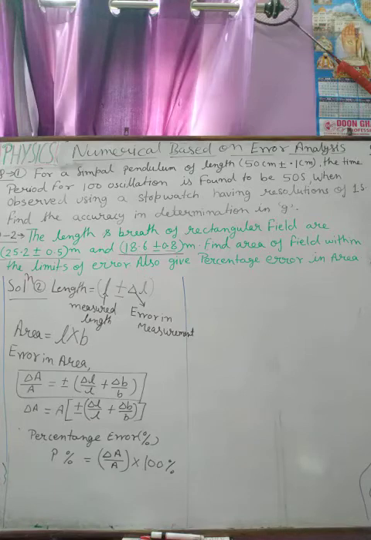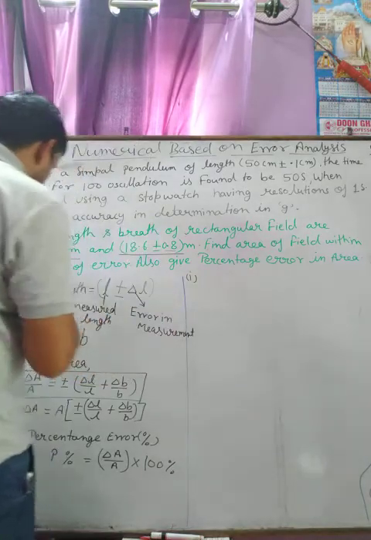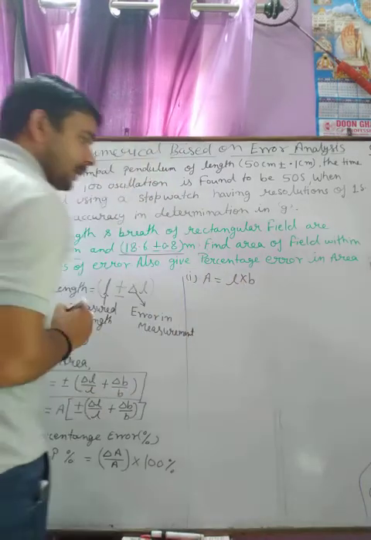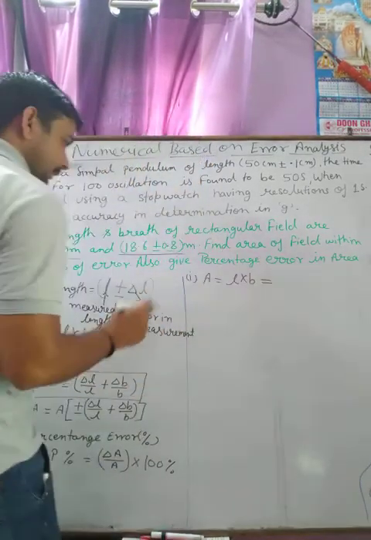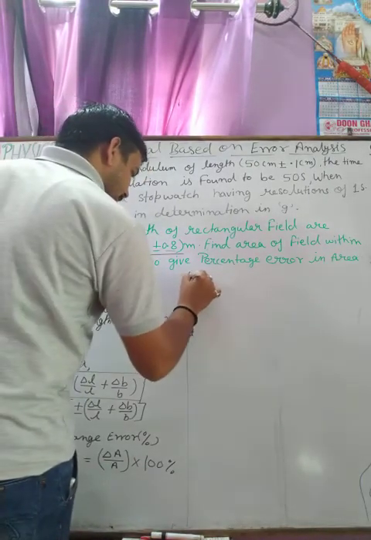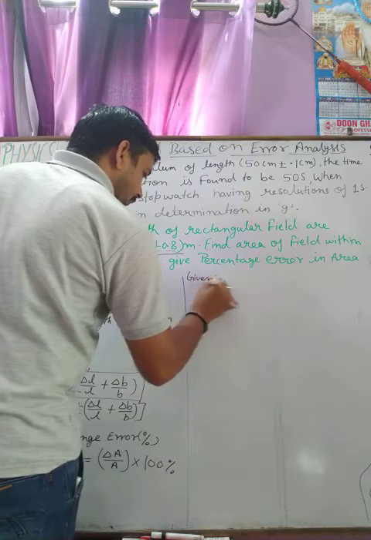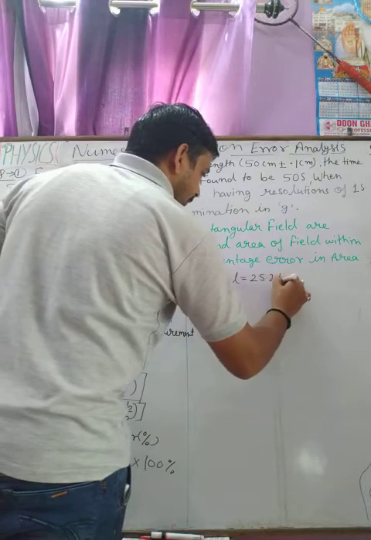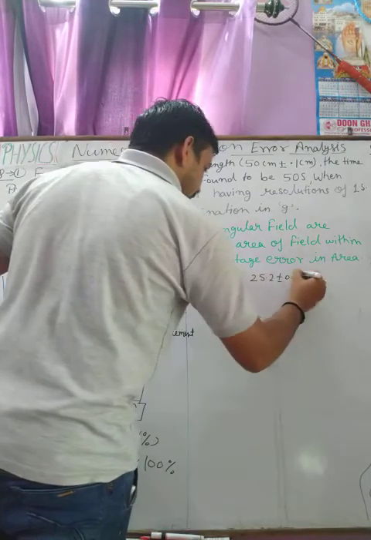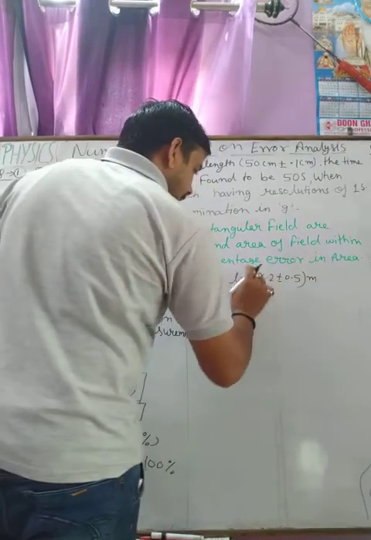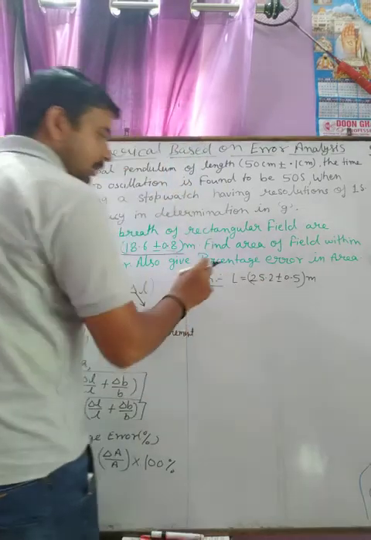Okay students, now we are going to solve with the given values. First we need to calculate the area, and area is L into B. Now what is given in the question? We have given that length is 25.2 ± 0.5 meter. This is capital L for length.